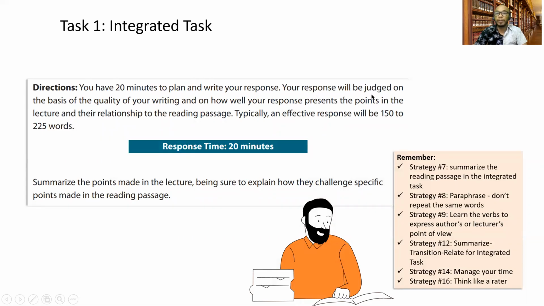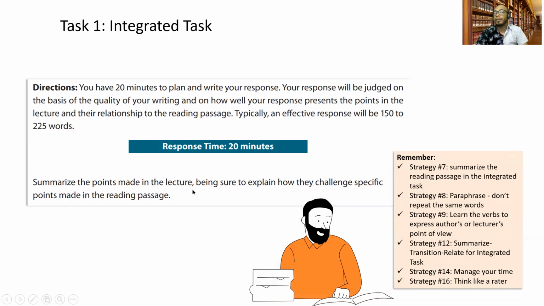And then it will be judged on the basis of the quality of your writing and how well your response presents the points, not just in the reading, but also in the lecture. There is a clue for you about the ideal length of your essay for this task, which is 150 to 225 words. Now, keeping in mind the key strategies we've learned, let's try to answer this question.